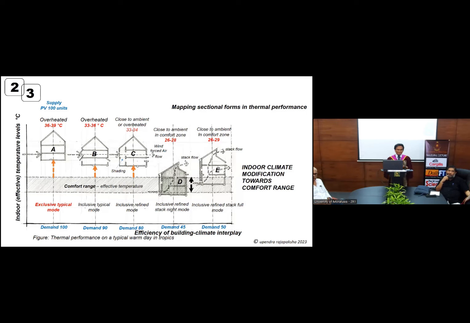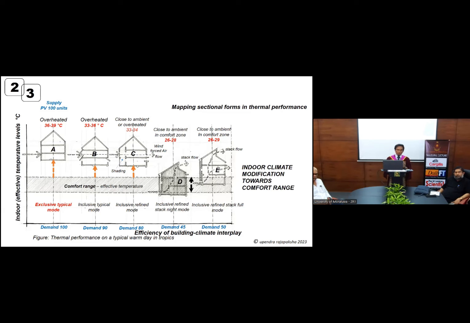But I have written demand as 100, for example, for this building. Because it's overheated, imagine its energy demand during operation to maintain thermal comfort and visual comfort needs 100 units, so demand is 100. The next model is B. B has windows. Windows can be opened. Whenever you want, you can open the window and take ventilation, breeze into the building.